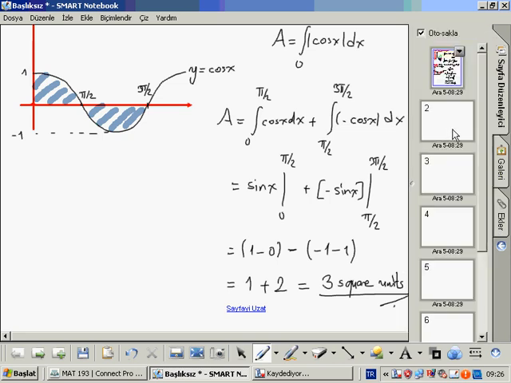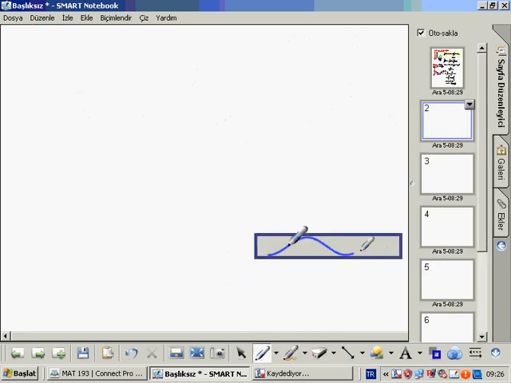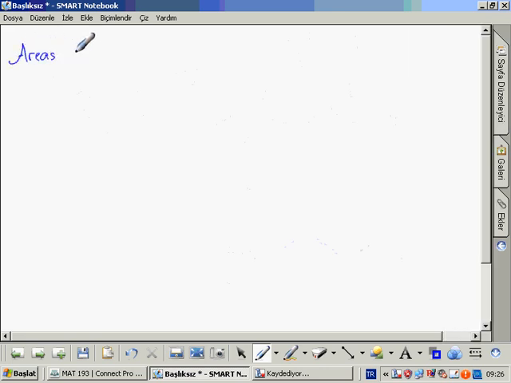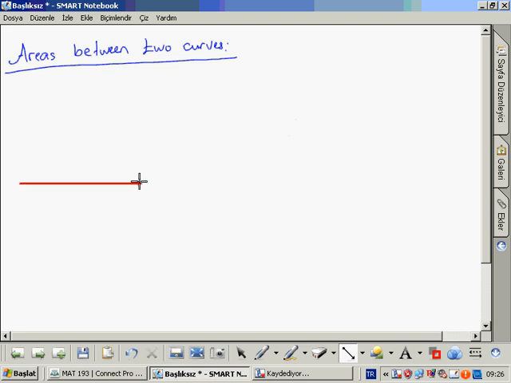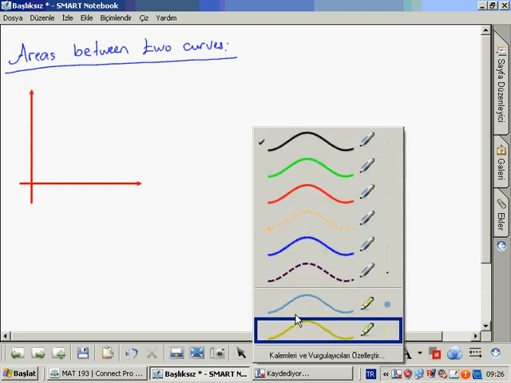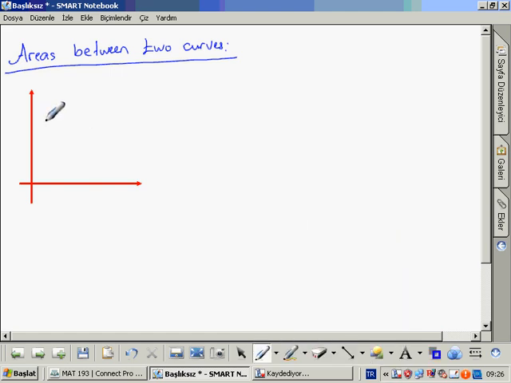Okay, and the areas between two curves. Now suppose that our region is under the blue curve and above the green curve.